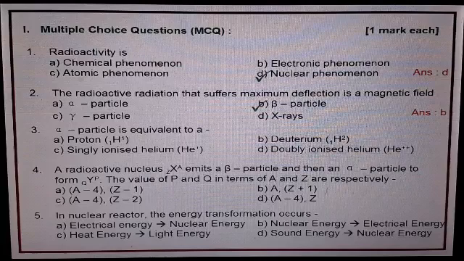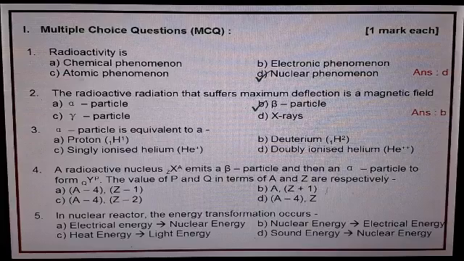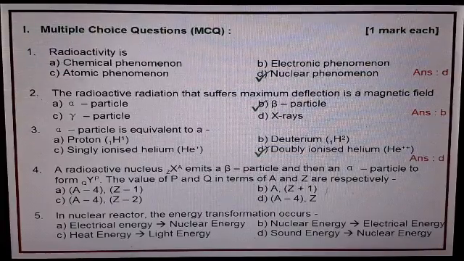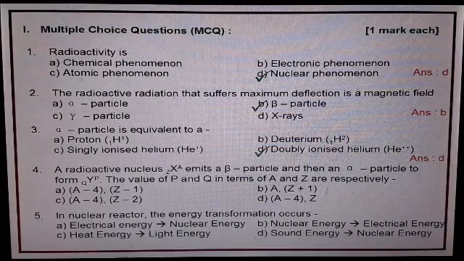Third one, alpha particle is equivalent to, alpha particle is what? It's equivalent to doubly ionized helium ion. So it's option D.